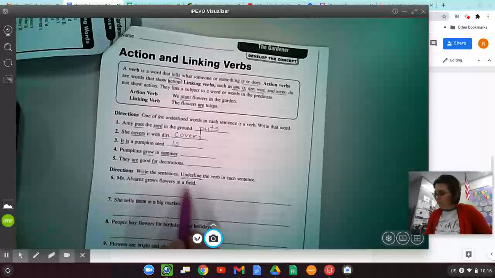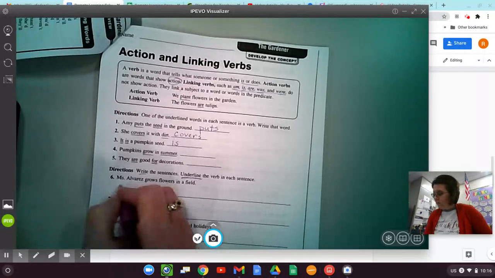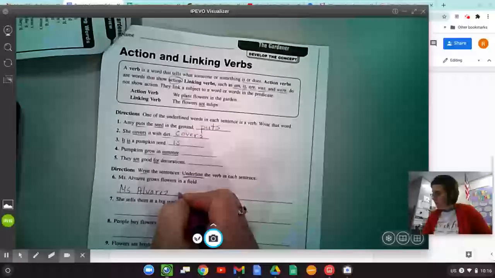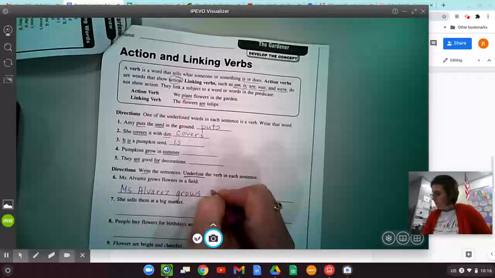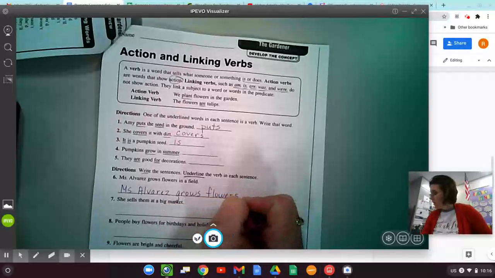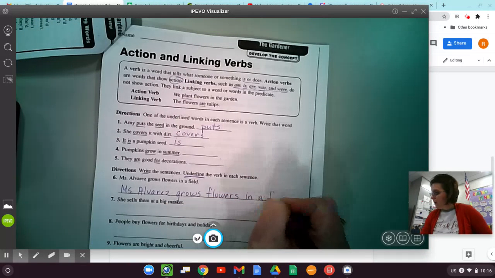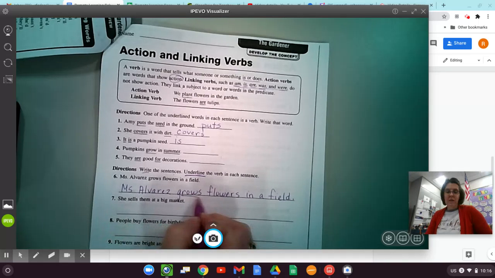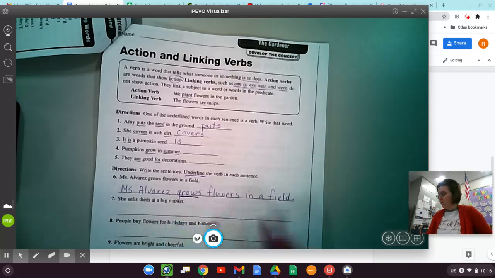So you're going to write the sentence, Miss, I always start with a capital, Miss Alvarez grows flowers in a field. So Miss Alvarez, that's who this sentence is about. What did she do? She grows. So we're going to underline grows. Make sure I can see that you underlined it. Grows and then flowers in the field, okay?